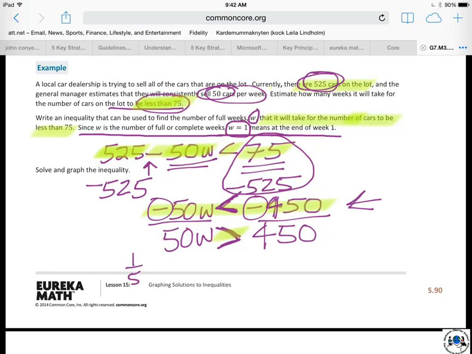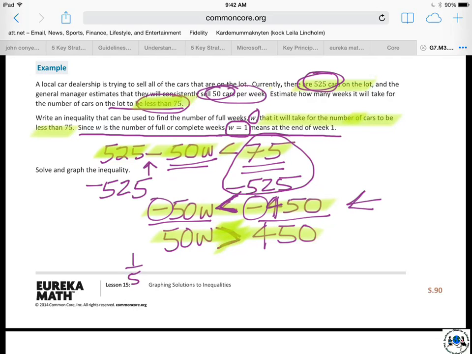Now we have 50W is greater than 450 instead of negative 50W is less than negative 450, which is odd, because we're talking about positive integers.